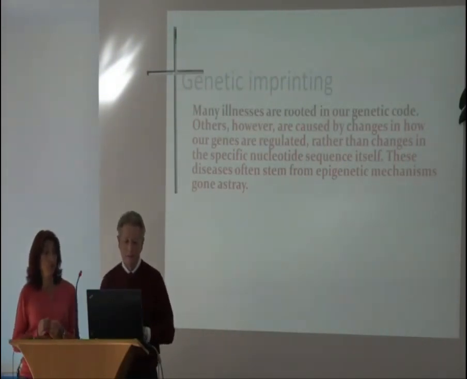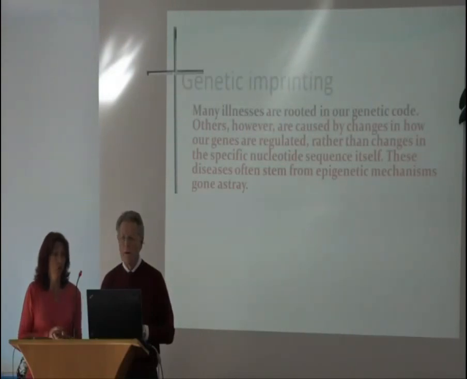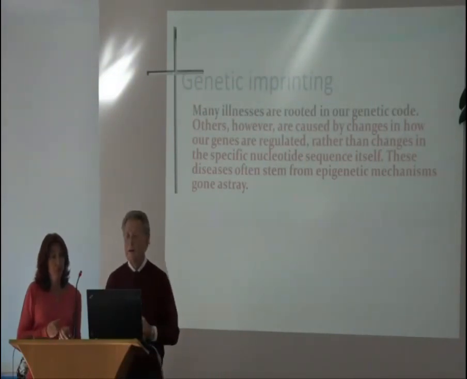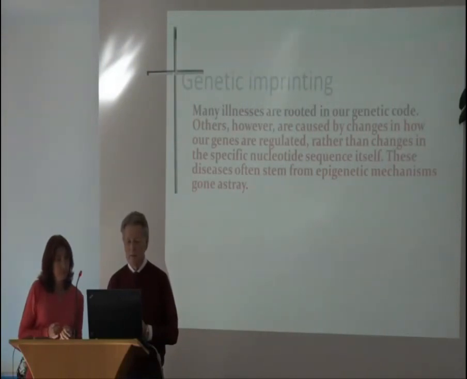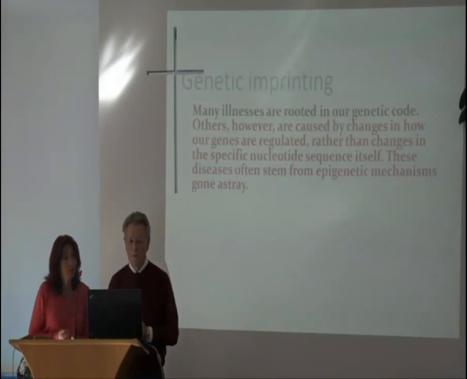Others, however, are caused by changes in how our genes are regulated, rather than changes in the specific nucleotide sequence itself. And these diseases often stem from epigenetic mechanisms gone wrong.